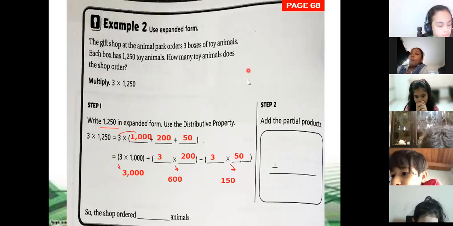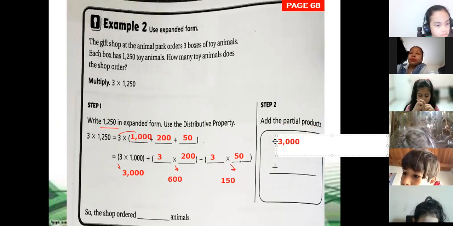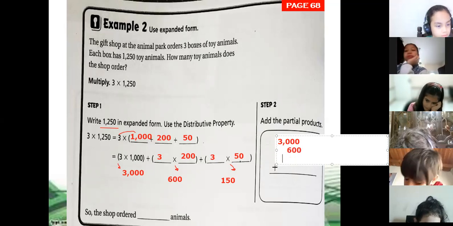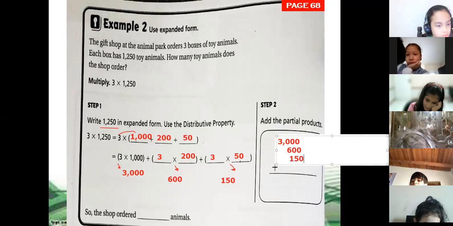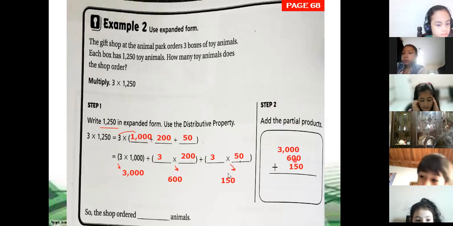So we're going to add 3,000 plus 600 plus 150. That is what we need to write down here in step number 2. The partial products are the answer for each multiplication.